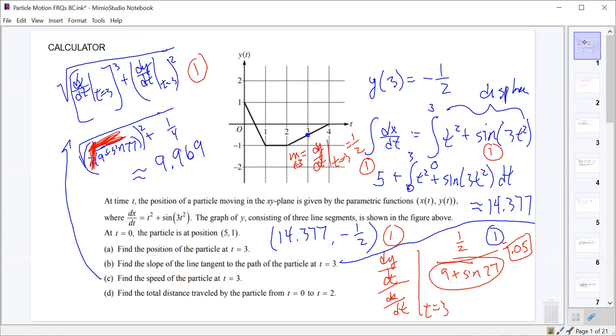The integral of velocity gives us displacement, so the integral of speed gives us total distance traveled, because velocity has a direction to it, whereas speed does not. Does that make sense?